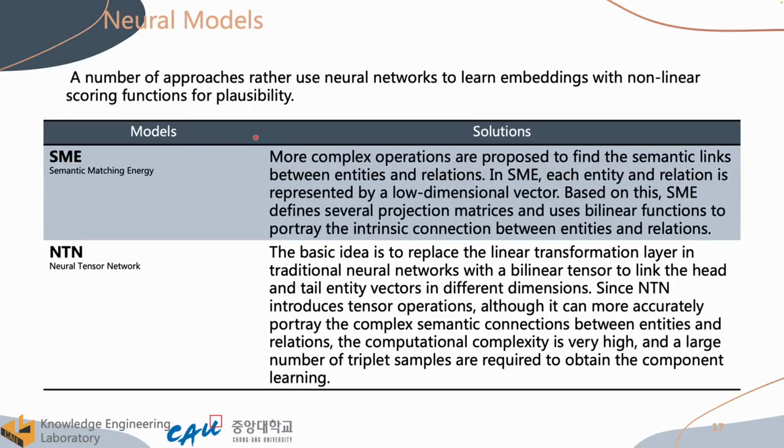So, to solve this limitation, a number of approaches rather use neural networks to learn embeddings with a non-linear scoring function for plausibility. There are some models of the neural models.